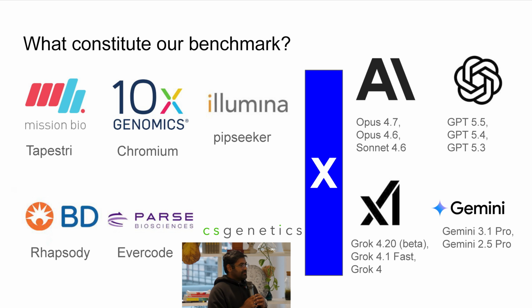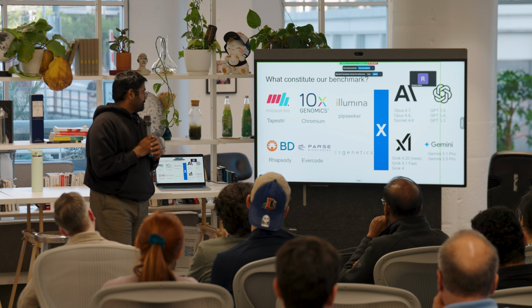All of these have different chemistries, and then we wrote a bunch of evals. I'm going to talk about what evals are in just a bit, but then we tested how these tasks performed on a variety of state-of-the-art models from Anthropic, OpenAI, XAI, and Gemini.